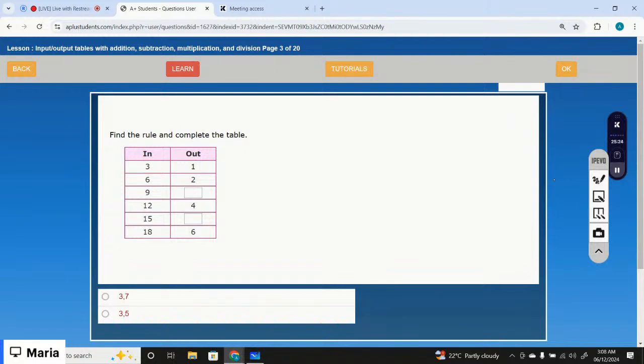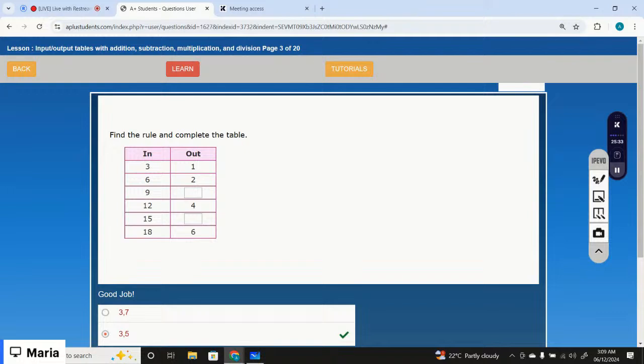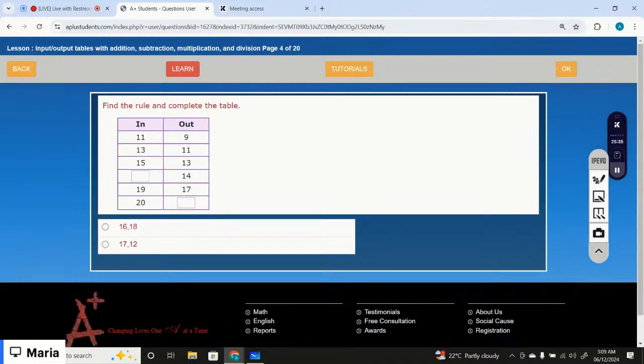Basically, the rule is you have to divide the input values by 3, right? So 3 times 3 is 9 and 3 times 5 is 15. So they are 3 and 5. Option number 2 is the correct option. Very good.